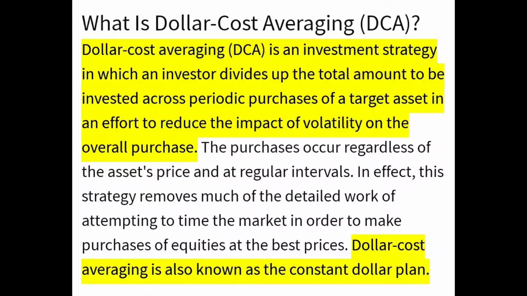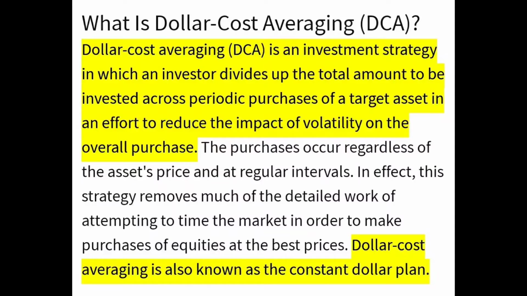Anyway, dollar cost averaging is a strategy in which an investor divides up the total amount to be invested across periodic purchases of a target asset in an effort to reduce the impact of volatility on the overall purchase. In easier terms, let's say you have $1,000 to invest in anything.